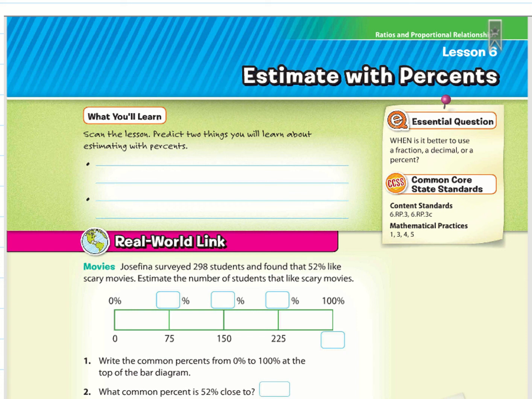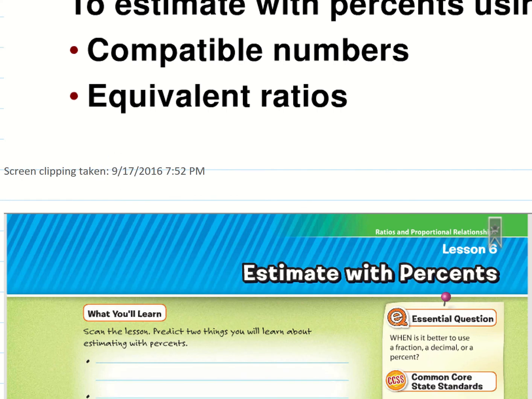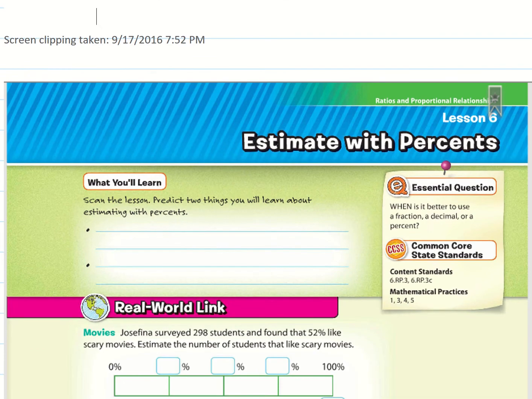This says predict 2 things to learn about estimating with percents. So we are estimating with percents on page 137. So we can say I will learn to estimate with percents using compatible numbers.